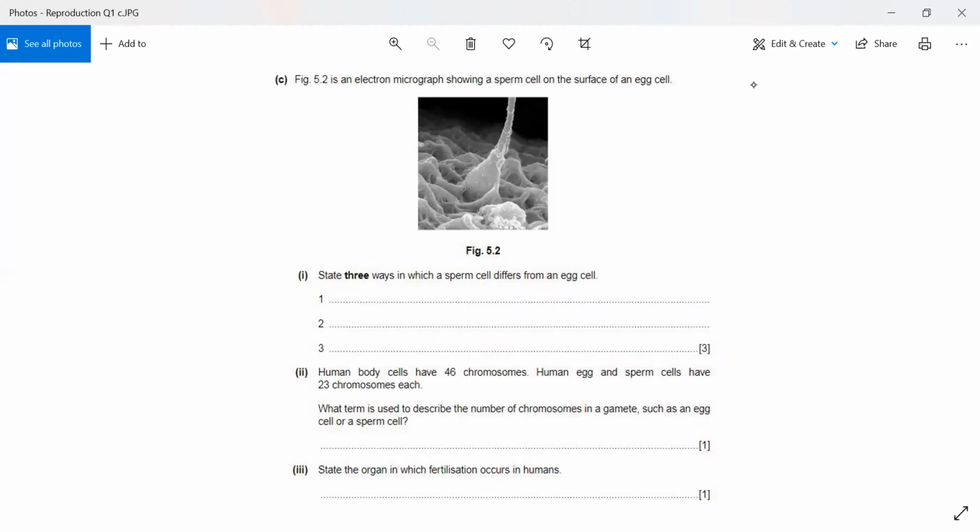We have to state 3 ways in which the sperm cell is different from an egg cell. Yes, correct. Sperm cell, which actually has what? It has a tail. Yes, we can mention that, we can talk about flagellum, or we may also talk about tail.